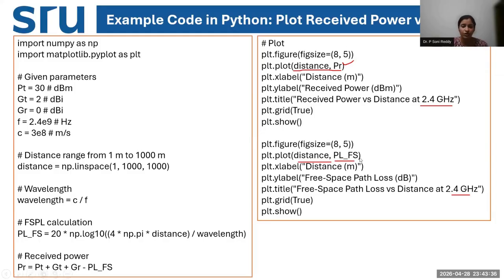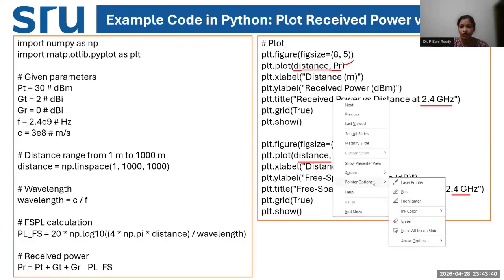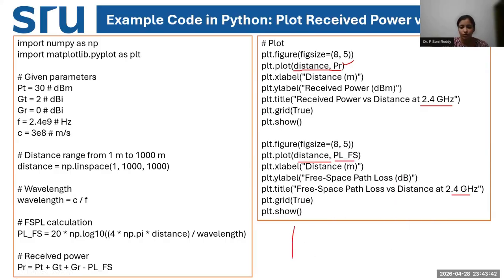So these are two different ways of simulating the program in Python, and we are going to get two plots from this. Now, based on these two plots, suppose we have a simple plot like this. You'll have D here, and the receive power here. How is it going to reflect? Receive power decreases exponentially as you increase the distance. This would somewhat look like the curve that you get by simulating these parameters.